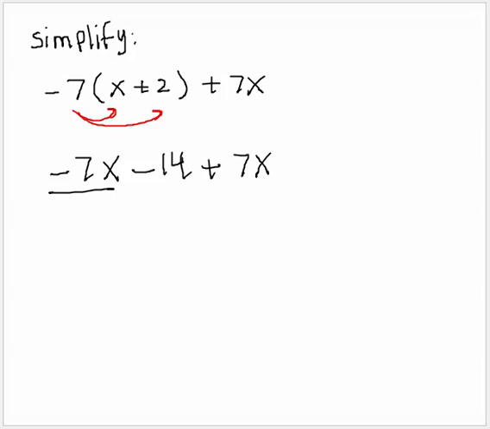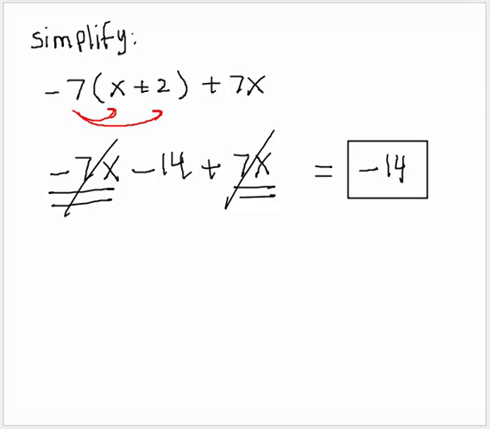Combining like terms, minus 7x plus 7x would be 0x, or just 0. So this whole thing would be equal to minus 14. If we can all follow this, go ahead and put the check mark next to your name, please. And next question.